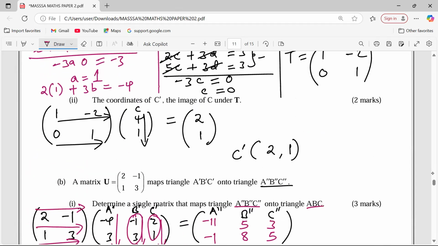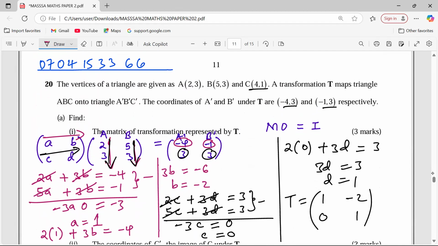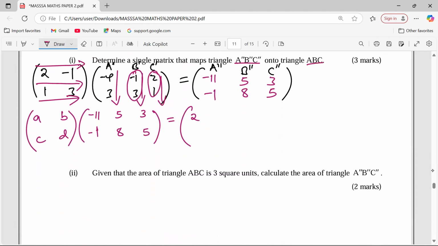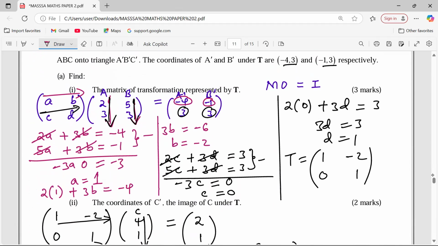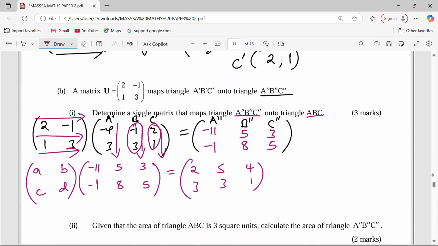The first triangle, 2, 3, 5, 3, 4, 1. So we need a matrix of transformation now, which will map the final triangle into the first. Yeah, into the first. I think it's 4, 1. Yeah. 5, 3, and 2, 3.